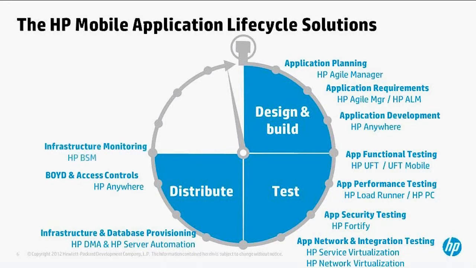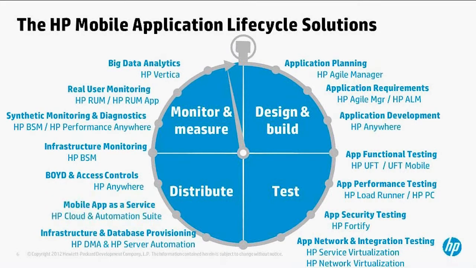In terms of distribution, the first thing I'd like to focus on is BYOD and access controls. This is where HP Anywhere fits in, a key differentiator. With the HP Anywhere platform, not only does it allow you to develop apps, it also allows you to easily manage the distribution of those apps, and it is distributed via container.